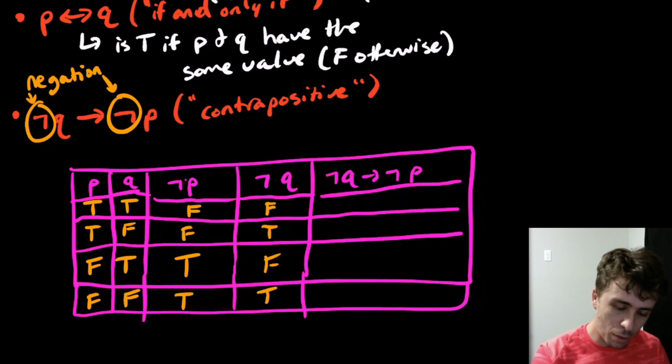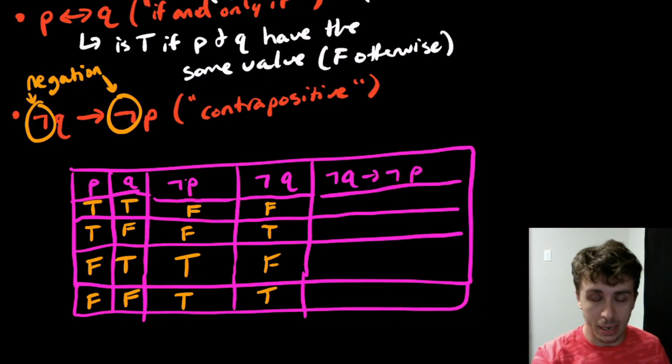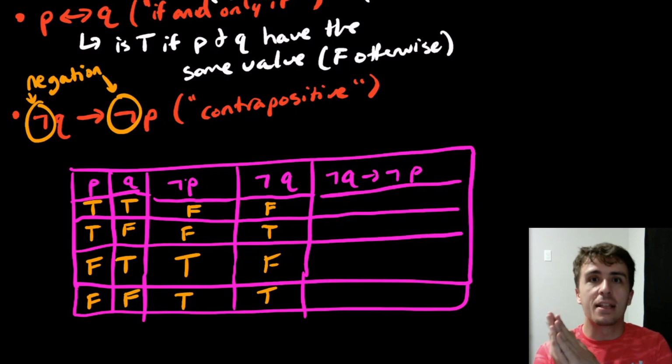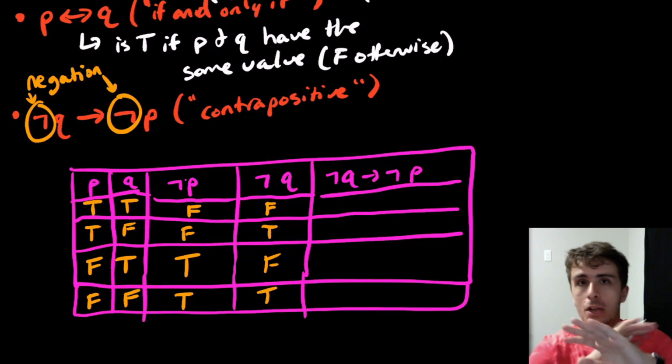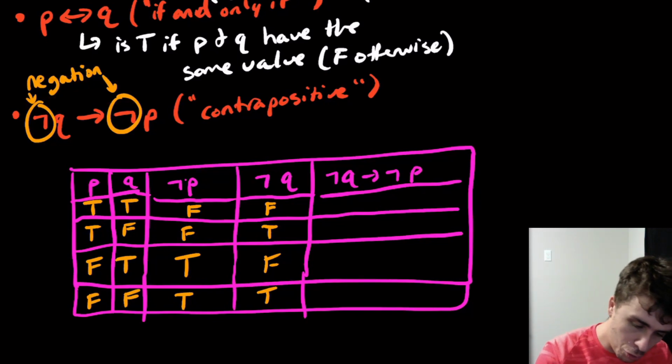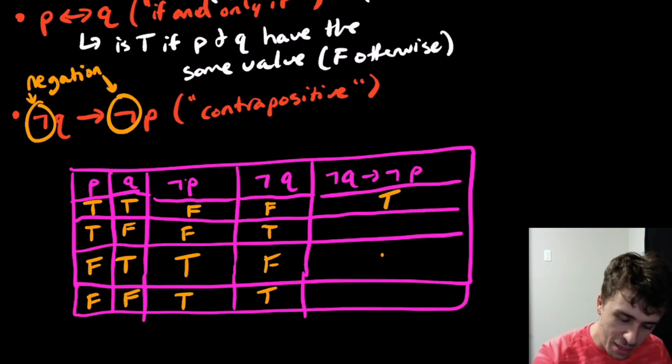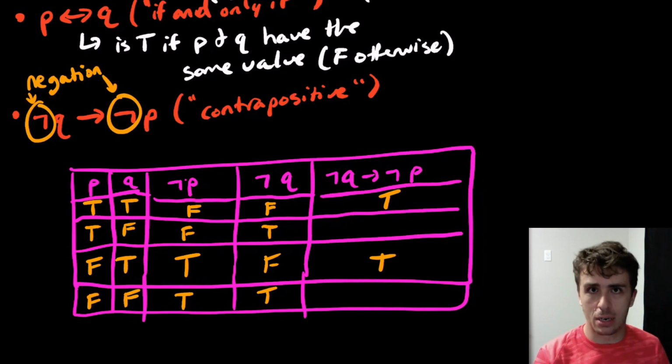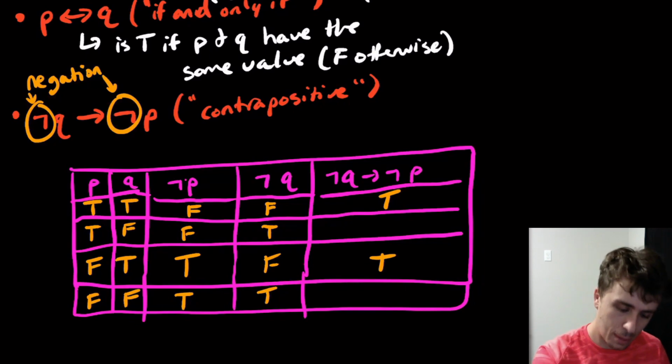Okay, so now let's evaluate this. In this first one, this says that not Q, this guy right here, implies not P, this first one right here. Well, remember that in an implication, if the left side is false, the whole thing is true. So we're going to have true here regardless. And in fact, this third entry is also going to be true as a result. Now let's see, what is this entry going to be?